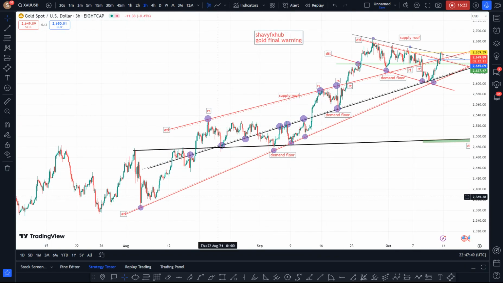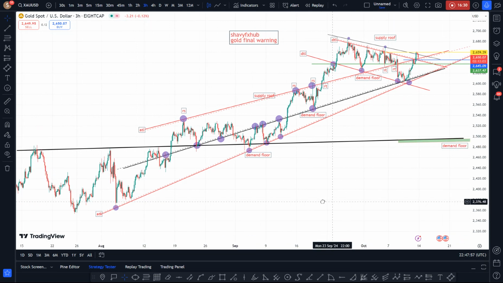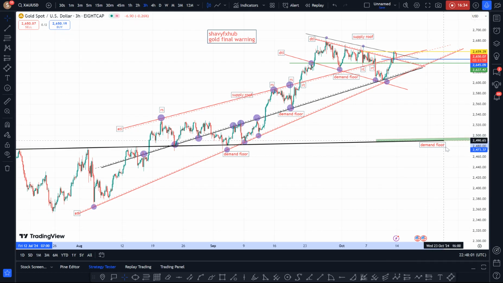It is very clear that we can see what price has done at this level.